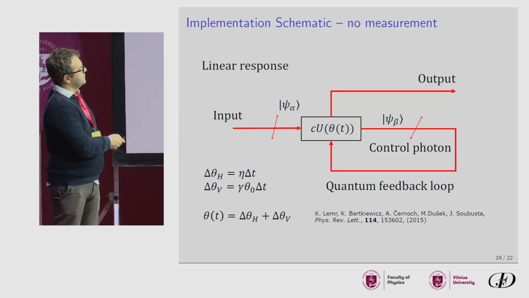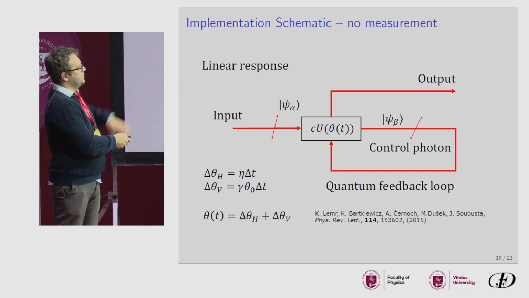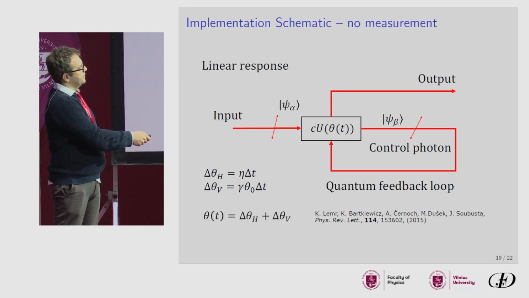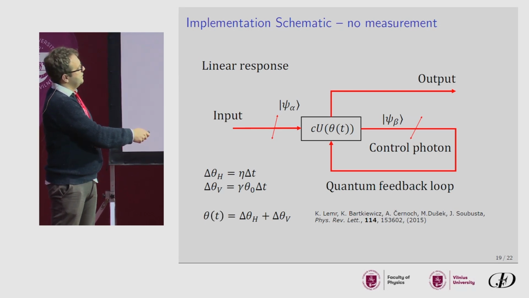It enters this controlled unitary, and what happens is that you just set at some time some arbitrary theta, let's say 0, and this photon is just rotated a bit and goes back here, and it should work as the control for this operation.